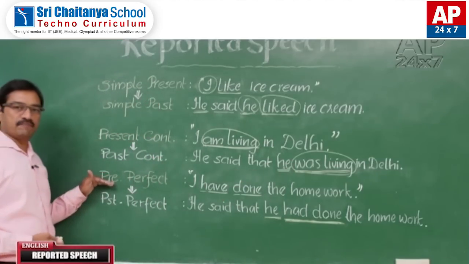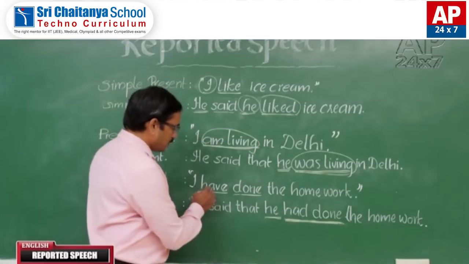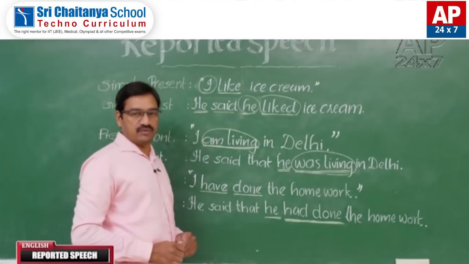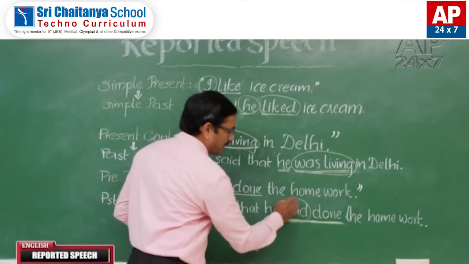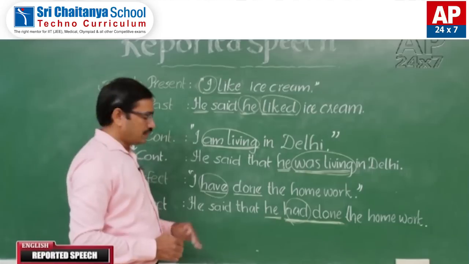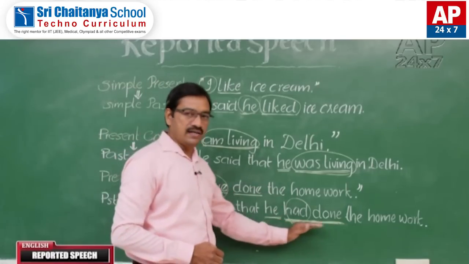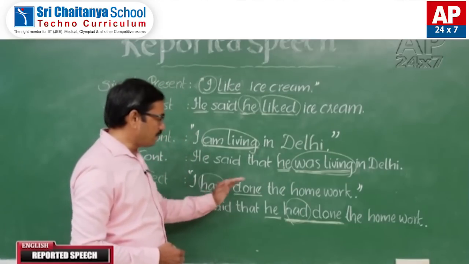Let us see an example of present perfect. I have done the homework. Have or has plus V3, that is present perfect, as you already know. Present perfect is changed into past perfect. So have is going to become had. If there is a has or have, it is going to become had plus V3 in the indirect speech. I have done the homework.